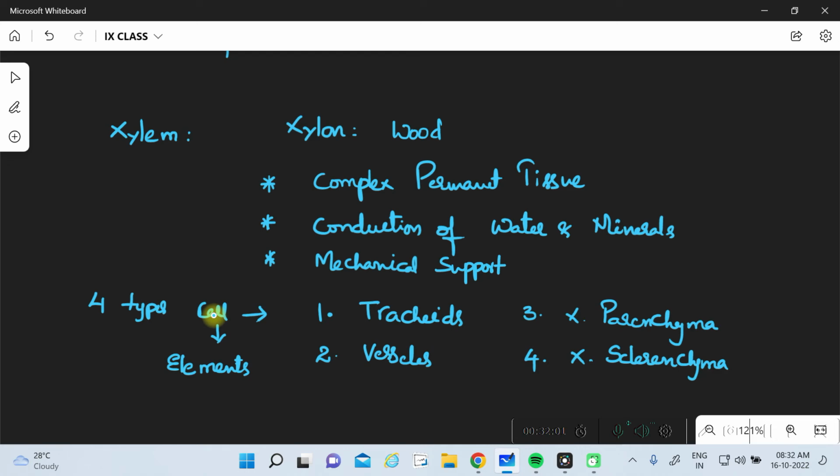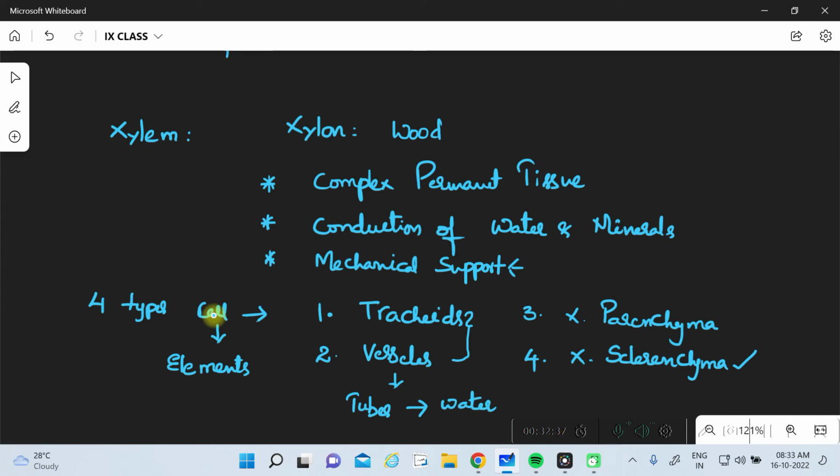As I have told you, in addition to the conduction of water, it provides mechanical support to the plant. It is because of the presence of sclerenchyma only. The sclerenchyma which is present in the xylem tissue, we call xylem sclerenchyma. Here, 1 and 2, tracheids and vessels, are in general nothing but tubes for conduction of water and minerals.